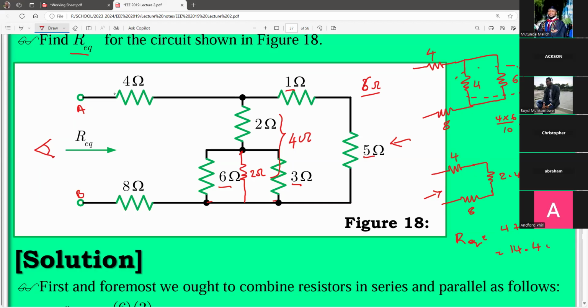If you go through the solution, I think you should be able to get the same answer. It's there, 14.4 ohms as the equivalent resistance.